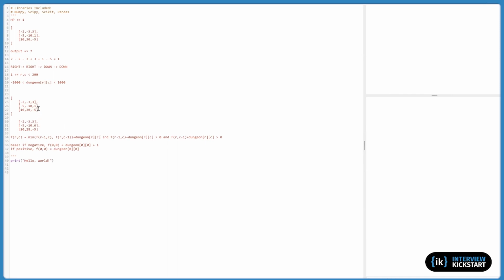The minimum of these and plus R and C will give you this score. So f of 1, 2, 3 and 2 and 2 is equal to the min of those two scores, 6 and 28, plus -5, which is equal to 1. Okay.